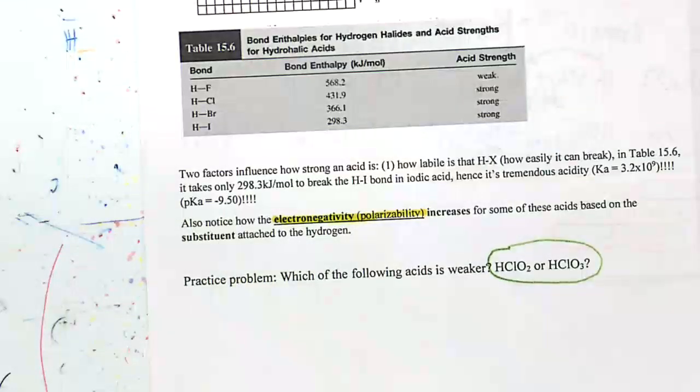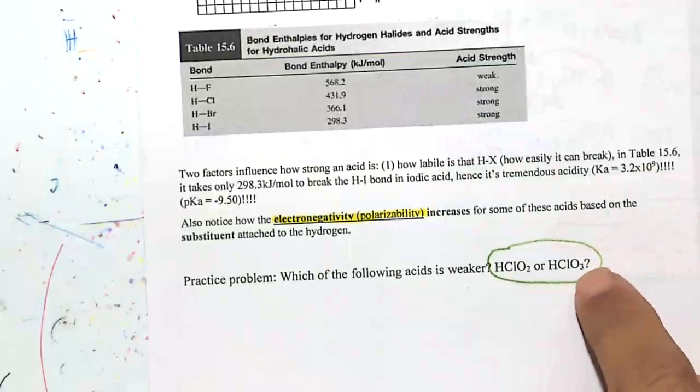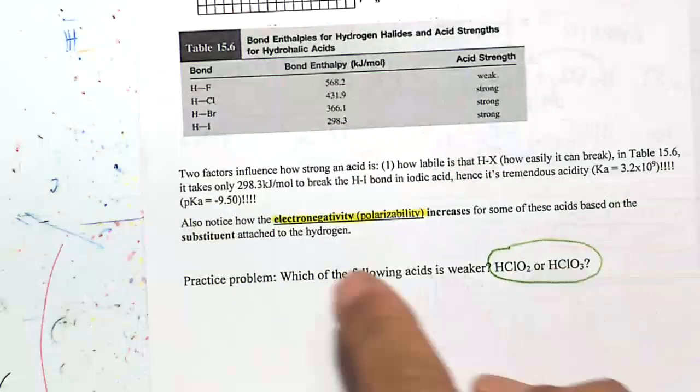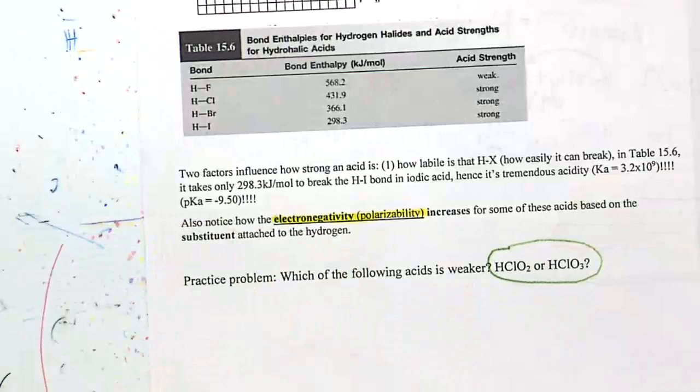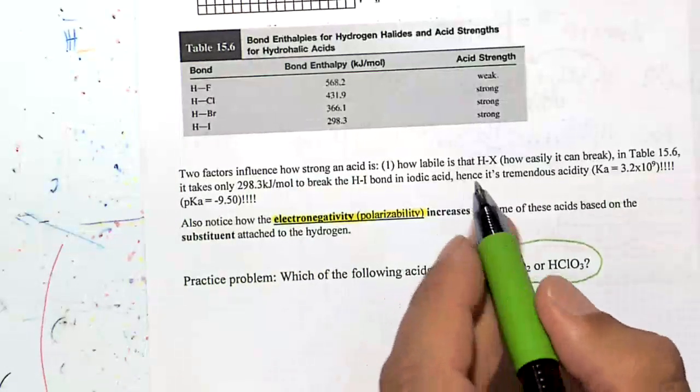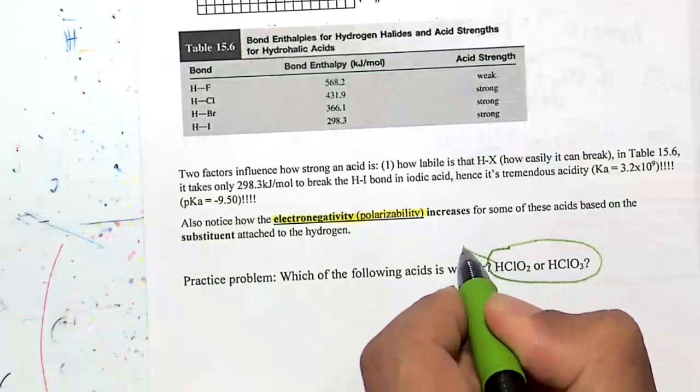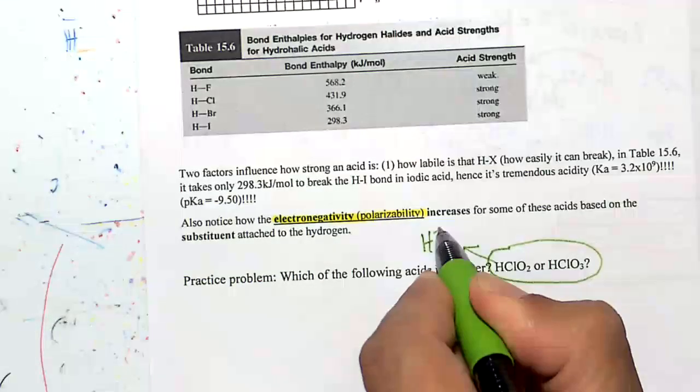What is electronegativity? Think of a vacuum cleaner. What does a vacuum cleaner do? It sucks things, pulls in. So what do oxygens do? By virtue of being electronegative, they pull and pull. The stronger the pull, the easier it is for this to come out.